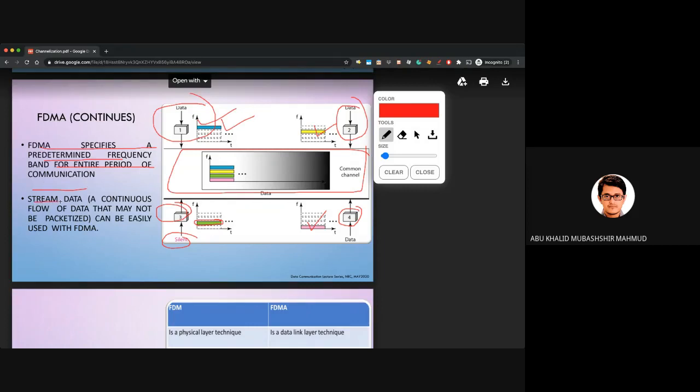Next, stream data, a continuous flow of data that may not be packetized, can be easily used with FDM. Stream data is a continuous flow of data that may not be tokenized or packetized, and which can be used with FDMA.